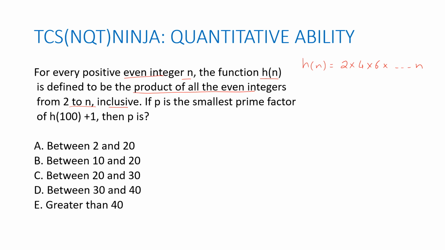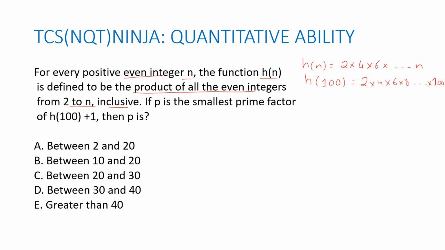Now, towards the end, it says if P is the smallest prime factor of H100 plus 1, then P is. Let me make sense with H100 first. What is H100? H100 you would agree would be 2 into 4 into 6 into 8 and so on till 100.